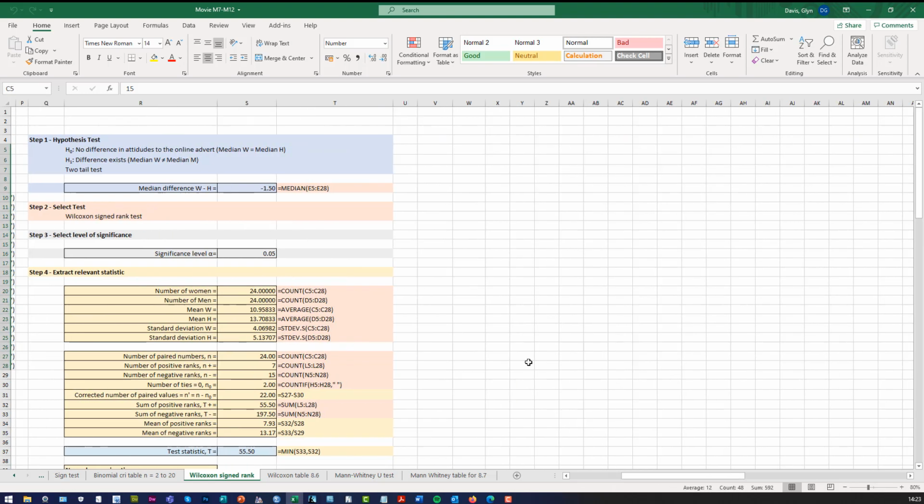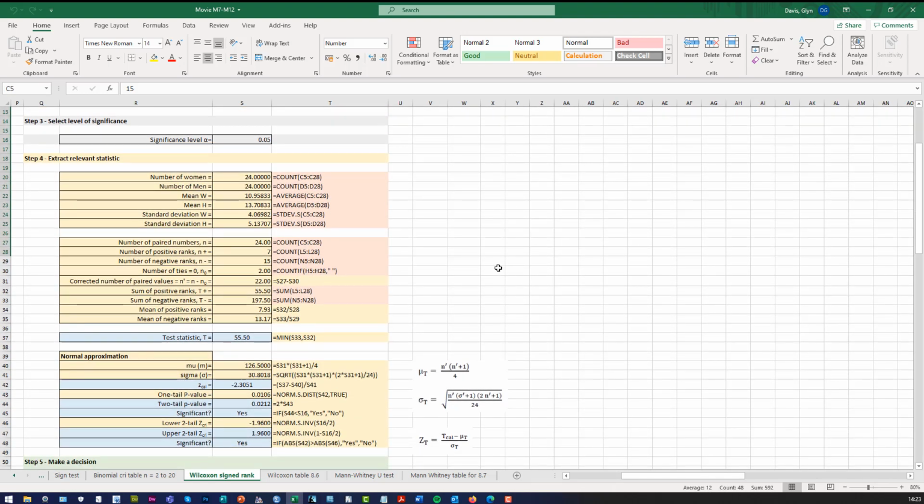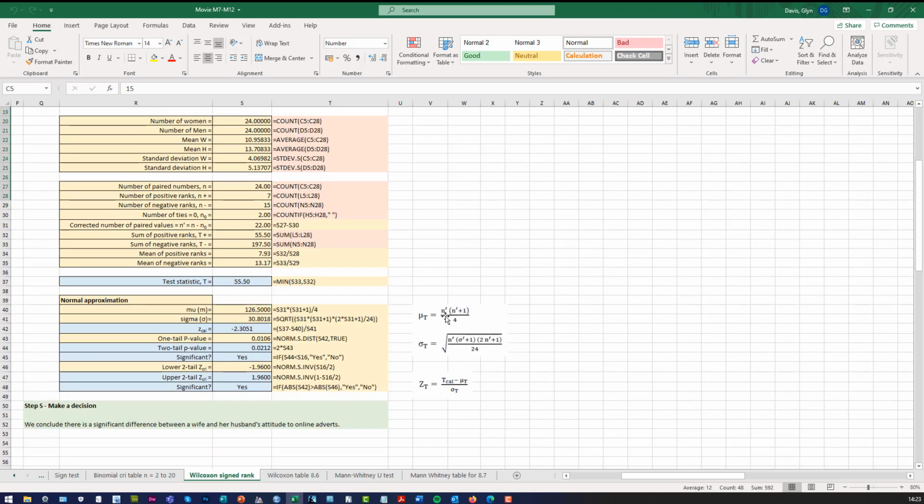median values. So when we used Excel, we did a Z approximation, and we found that the calculated Z value was minus 2.3, and the two-tailed p-value was 0.02. And we compared that with a significance level of 0.05. Remember, this is a two-tailed test.